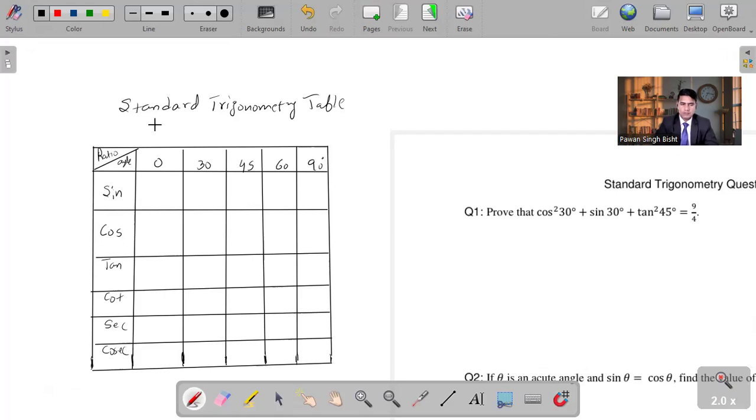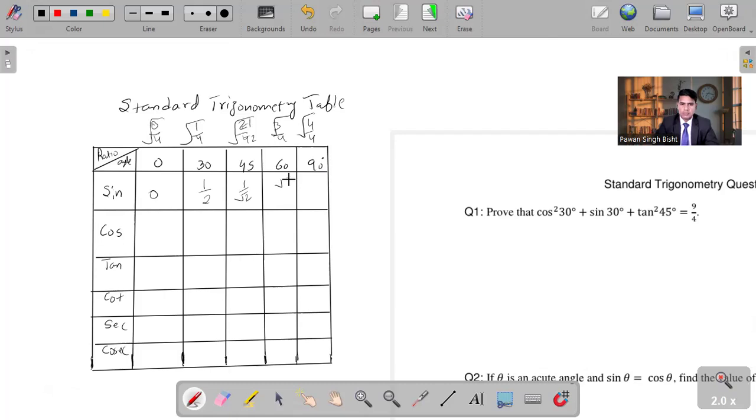What we do is write the values 0, 1, 2, 3, 4, then divide them by 4, and then take the square root of it. 0 divided by 4 is 0, so we got 0. 1 divided by 4 and square root of it: the square root of 1 is 1 and the square root of 4 is 2, so we got 1 upon root 2.